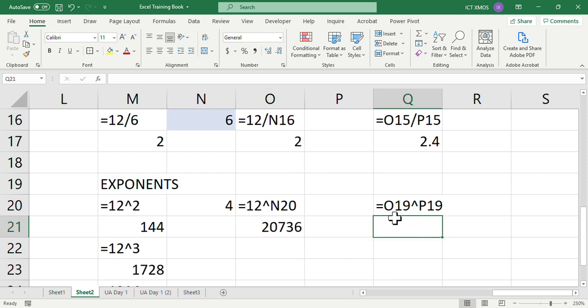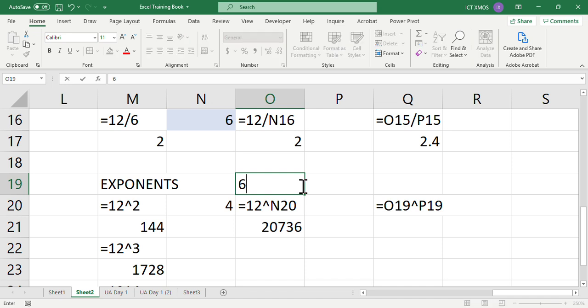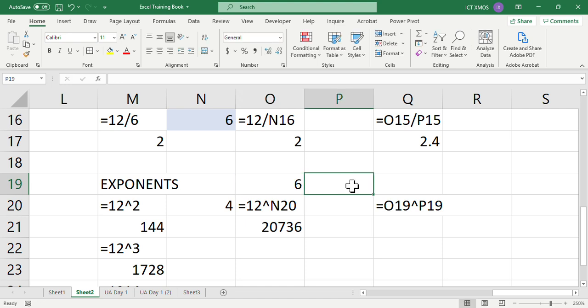Then for this one, let's say in column O we have a number. Let's say we have 6, and this one is 4. So 6 and 4 in O19, P19.